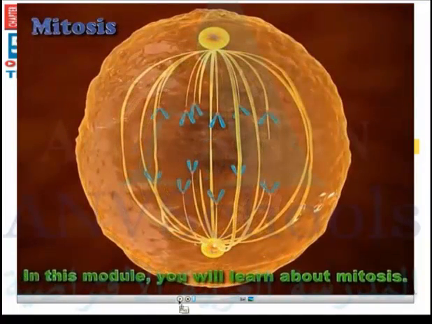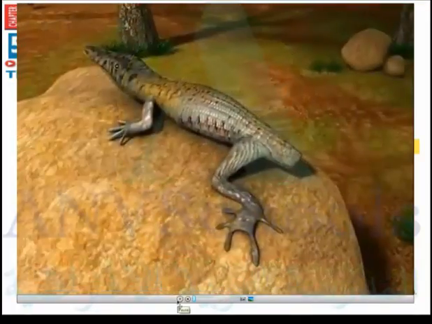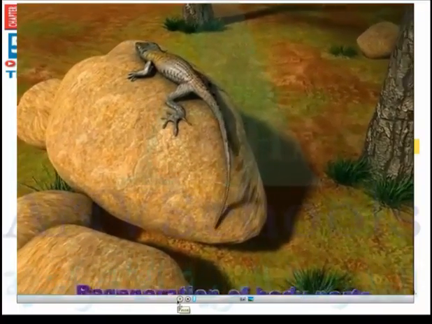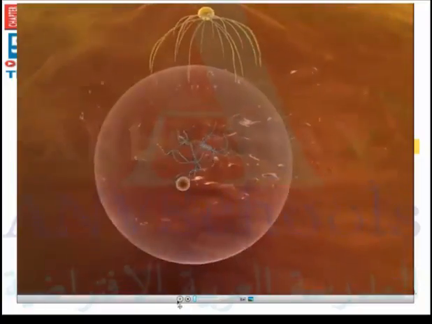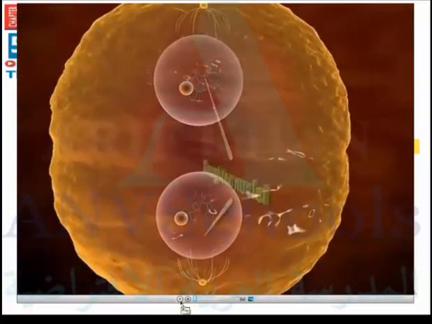In mitosis we only divide the cell into two, for example, to replace or for regeneration of body parts, or for growth, or producing new cells. So from one cell, we will produce two identical cells.